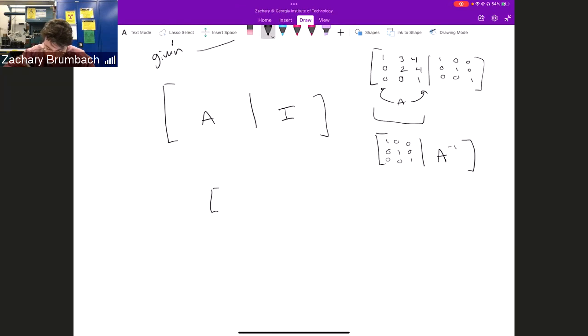So for a 2 by 2 case, it's a little easier. The inverse is equal to 1 over the determinant times, I believe, the matrix D, negative B, negative C, A. Yeah. I always get them mixed up, which one is flipped and which one's negative.